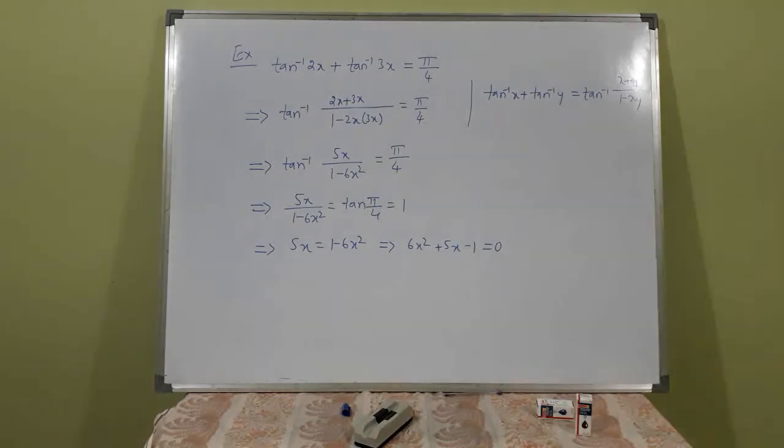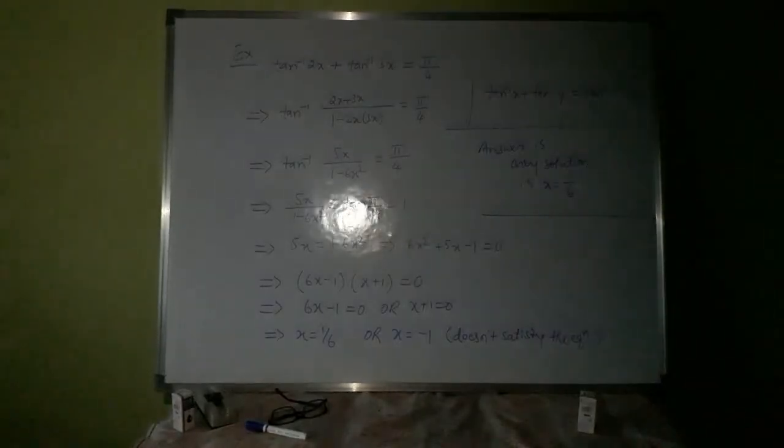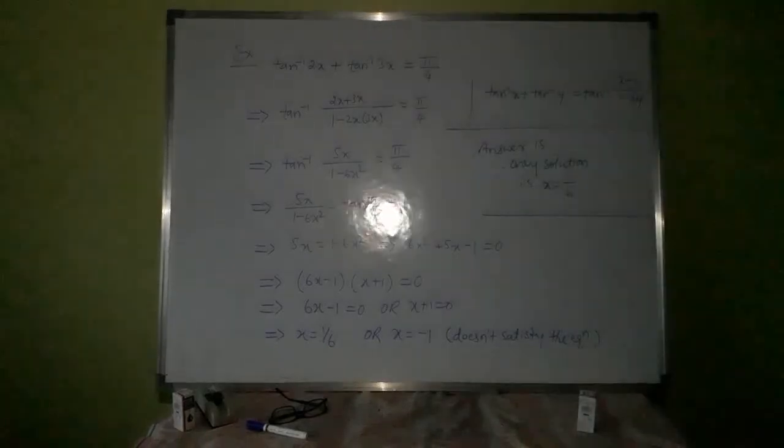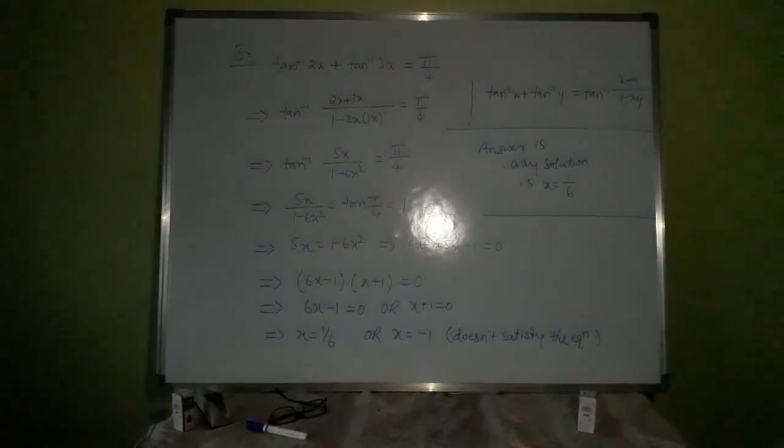The last step, 6x squared plus 5x minus 1 equal to 0, can be factorized as 6x minus 1 into x plus 1. So 6x minus 1 is equal to 0, or x plus 1 is equal to 0. You got it: x is equal to 1 by 6, or x is equal to minus 1.